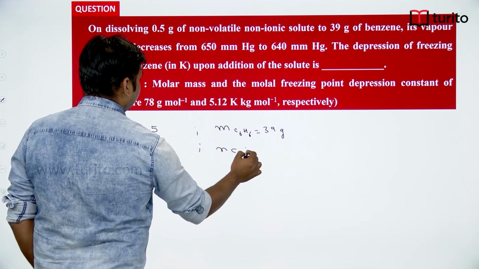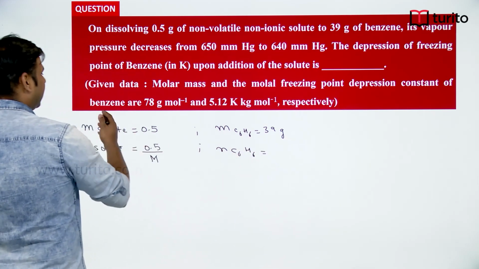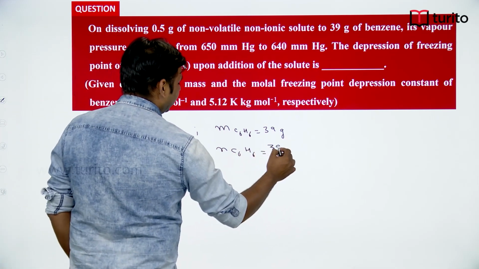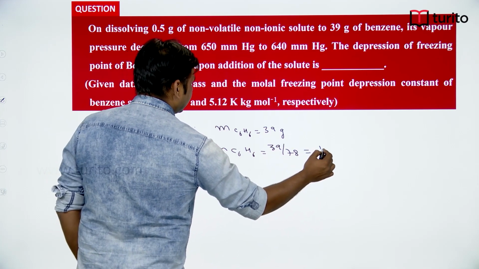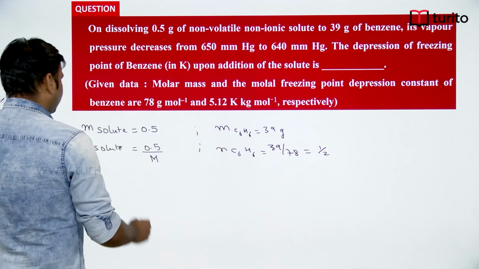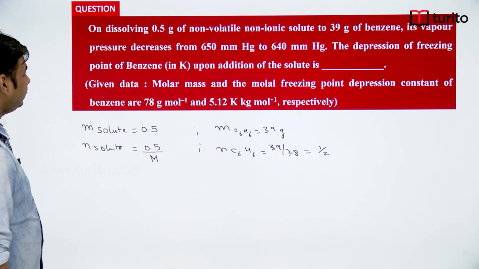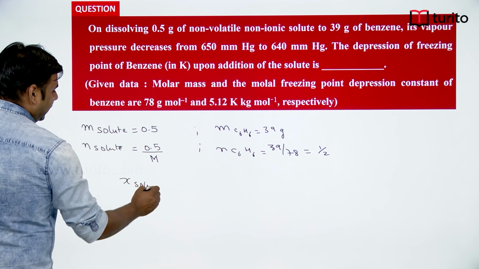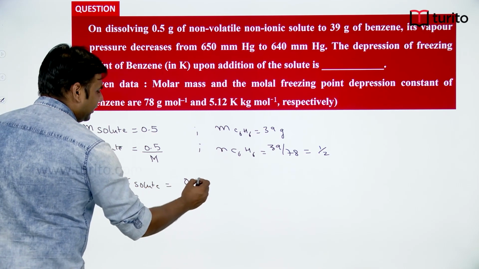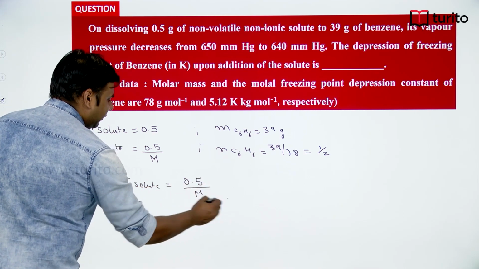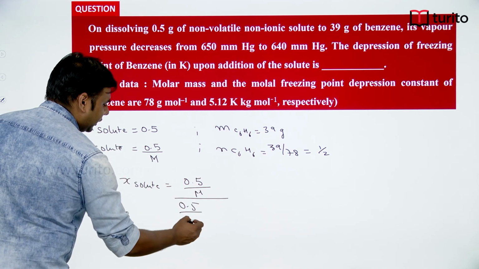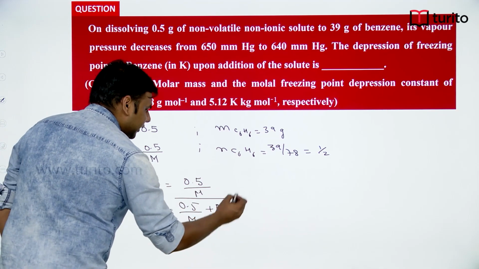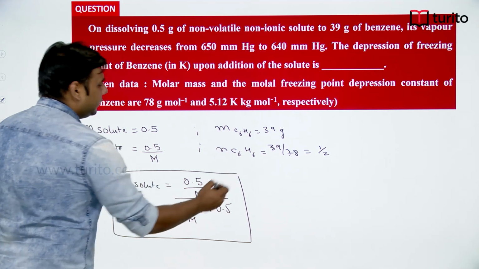So the moles of benzene is 39 upon 78, because the molar mass of benzene is 78. So this is half or 0.5. So the mole fraction of solute in this case would become 0.5 by m divided by 0.5 by m plus 0.5, where total moles is 0.5 by m plus 0.5. So this is the mole fraction of solute.